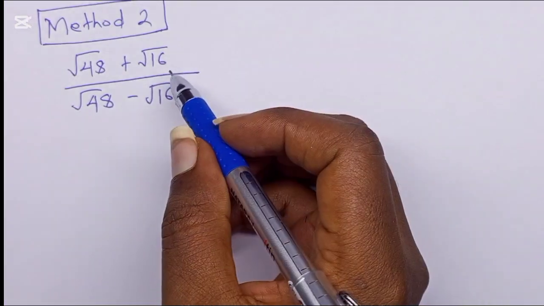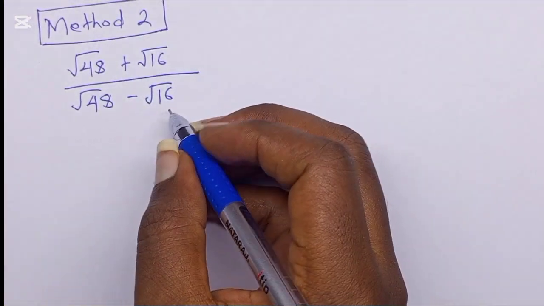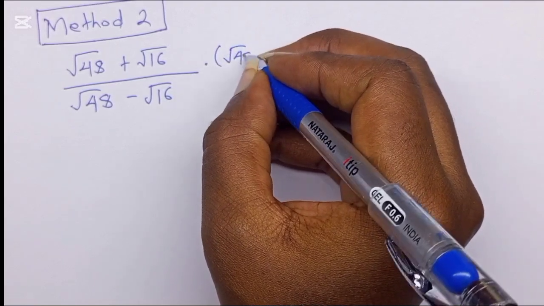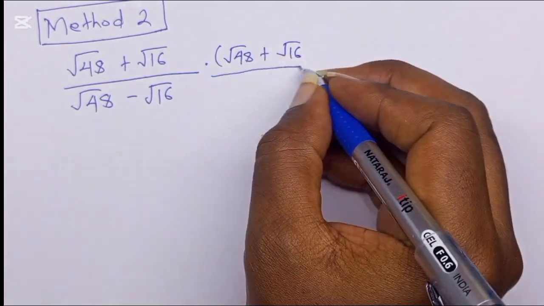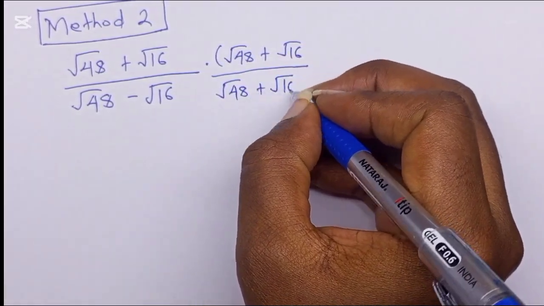In our second method, let us straight away rationalize the denominator. So we shall multiply by root of 48 plus root of 16 over root of 48 plus root of 16.